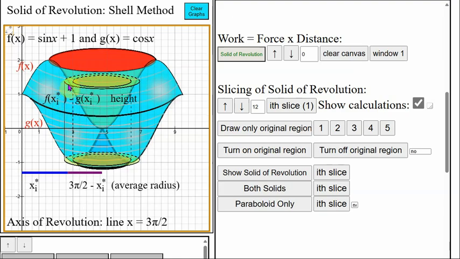And therefore the height of this shell will be f of x sub i star minus g of x sub i star. So once again, the average radius for this ith shell is 3 pi over 2 minus x sub i star, and the height will be f of x sub i star minus g of x sub i star. And now we can find the volume for this ith shell.